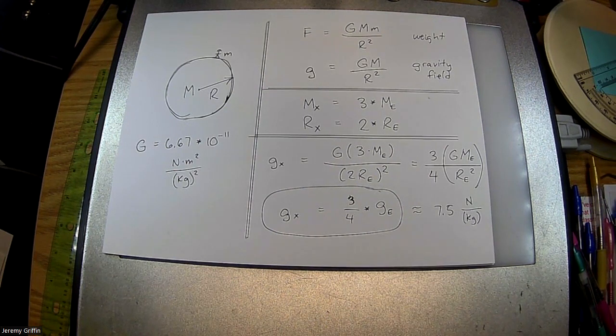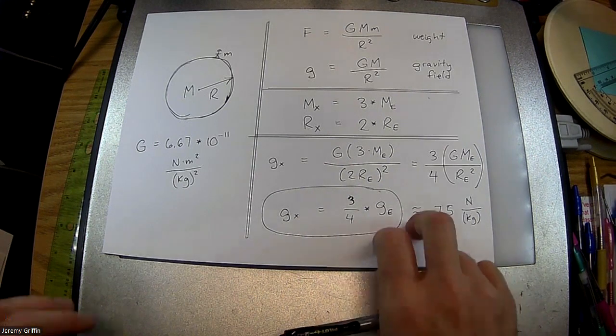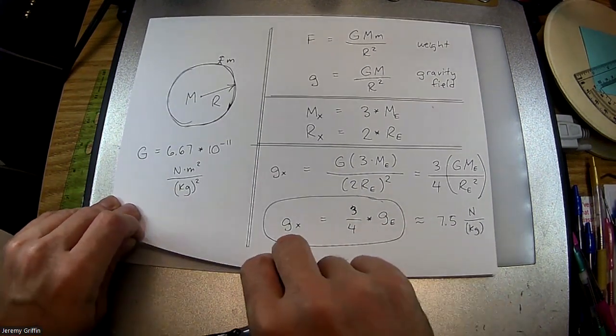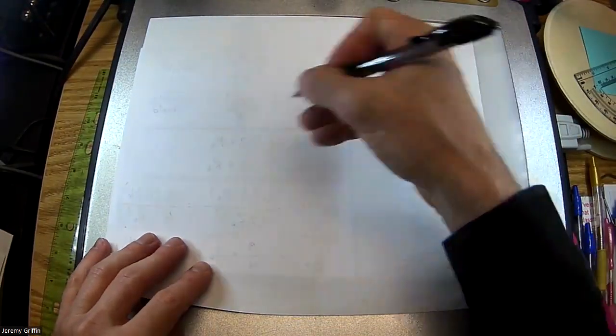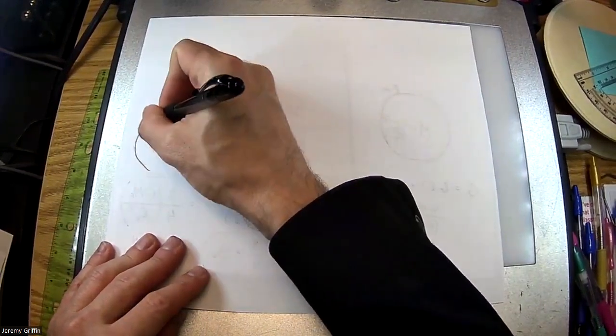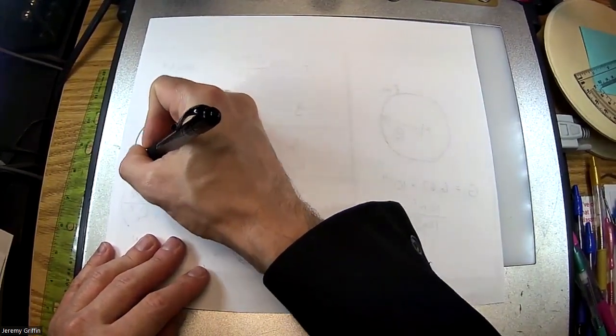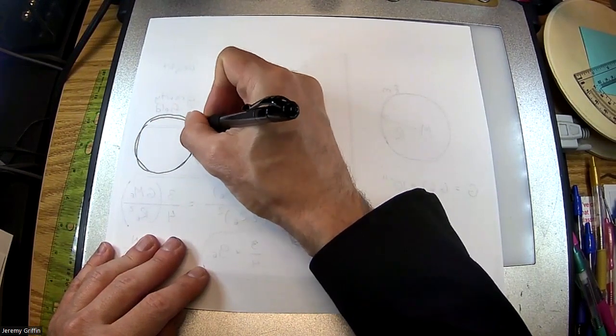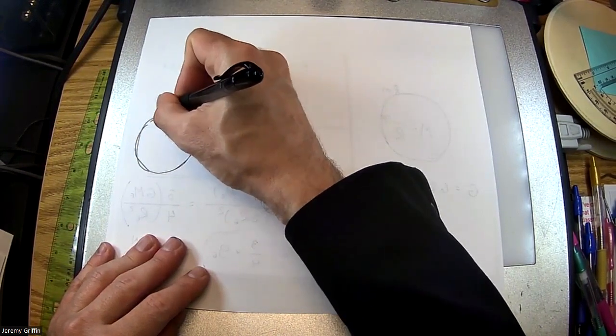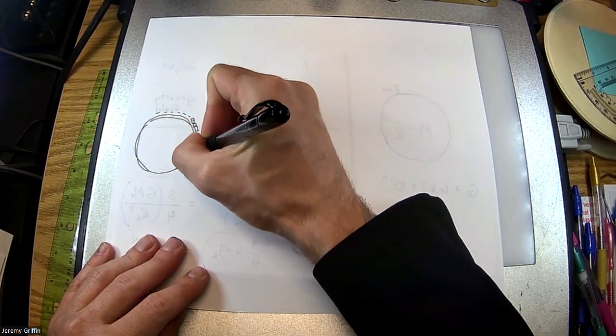Let's figure out something else for this planet X. Let's figure out orbital speed. So let's start a new piece of paper here. Right-handed, so let me put my picture on the left side so I'm not covering up what I'm doing. Let's say there's a satellite that's going just above the surface, kind of like low Earth orbit, I guess low planet X orbit.